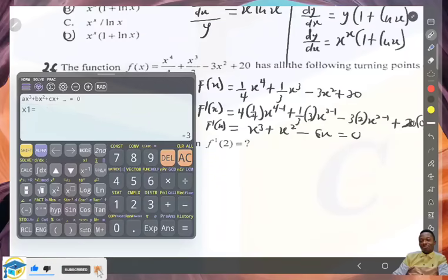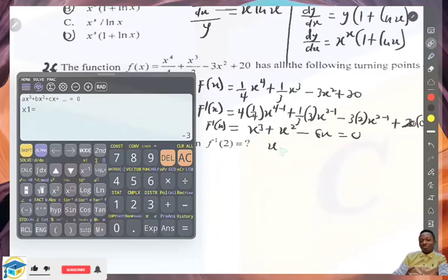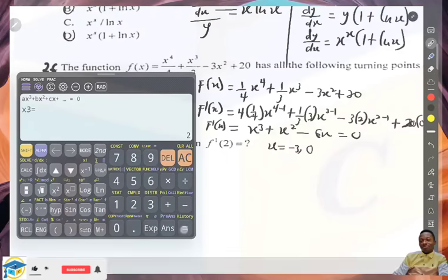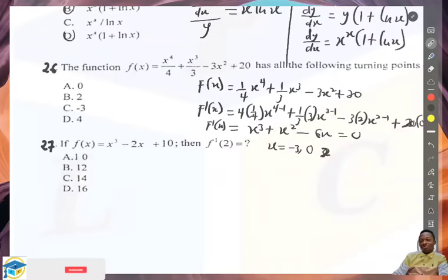So what are we getting? We have x1 to be 3, and then x2 to be 0, and then x3 to be 2. So at the end of the day, we have the turning points for x to be negative 3, 0, and 2. So this is how we use the calculator to solve for that.